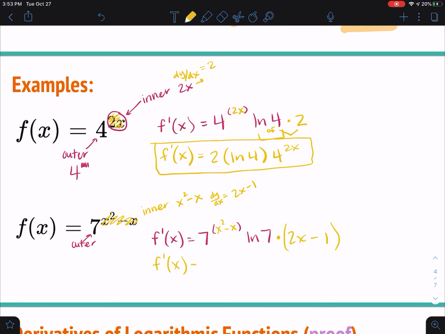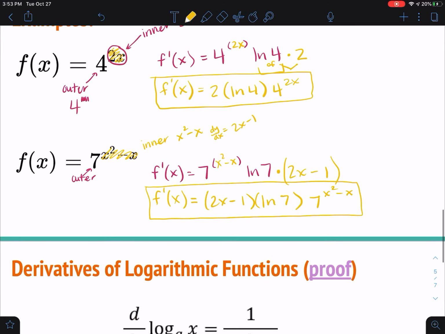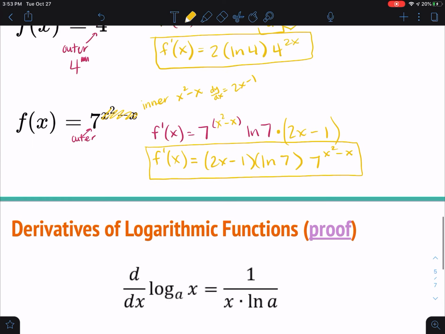So if I reorder this a little bit, there's nothing I can do to simplify. I'm just going to rewrite it as 2x minus 1 times the natural log of 7 times 7 to the x squared minus x. So there's nothing you can do there to really make it simpler. I just like putting my thing with the exponent at the end always. Okay?